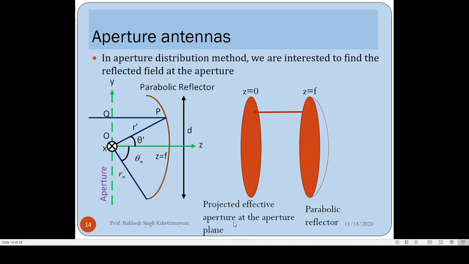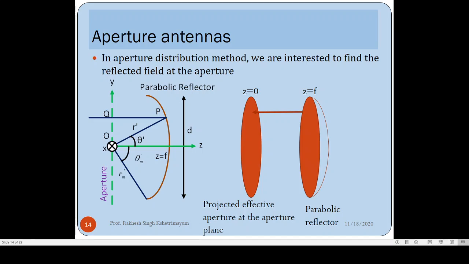So the projected effective aperture is at the aperture plane. This is a three-dimensional structure, but this is a two-dimensional structure. And what is the location of this aperture? The aperture is at z equal to 0. It is simply like a circle, no?